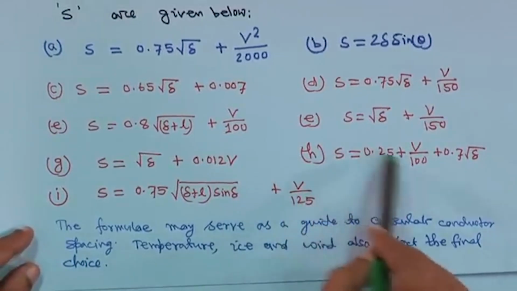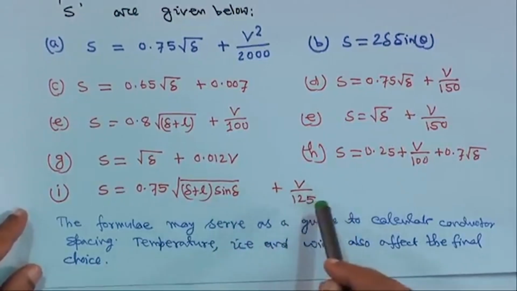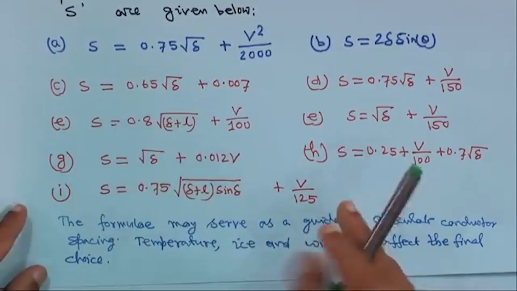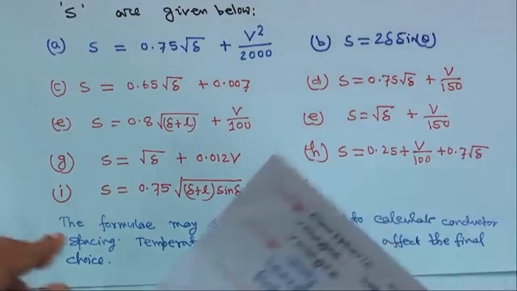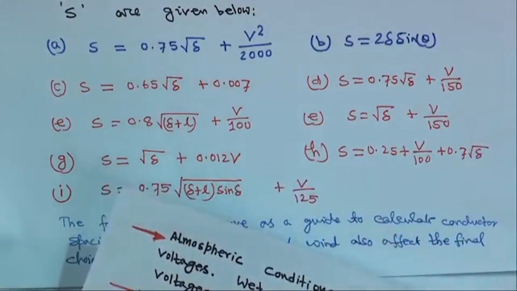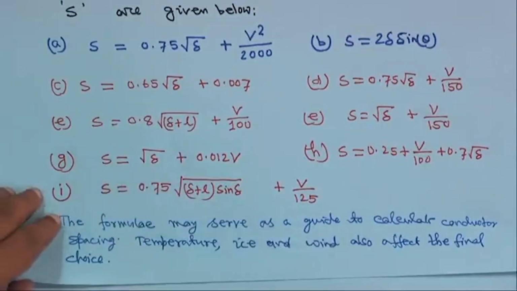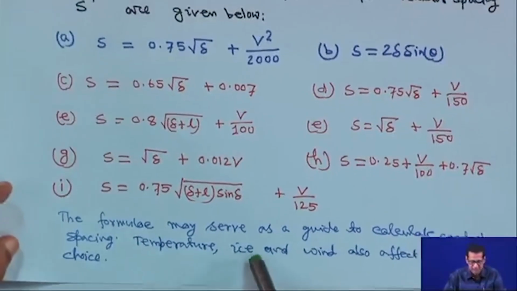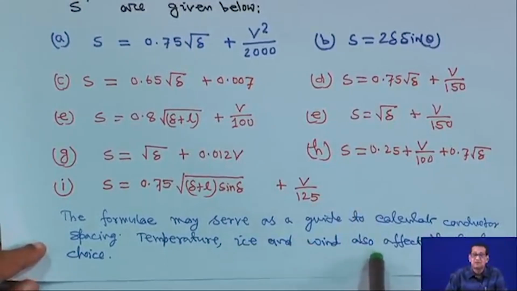So many empirical formulas are there. When you design, you have to choose the proper spacing. These formulas may serve as a guide to calculate conductor spacing. Temperature, ice and wind also affect the final choice. We will see ice and wind in sag and tension calculation.